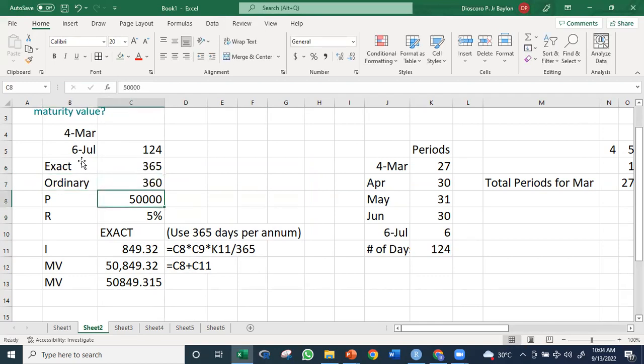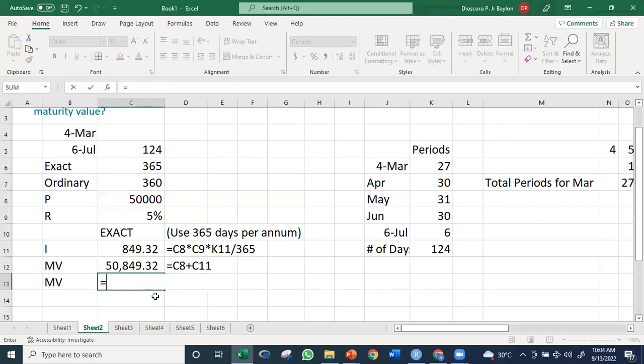And then I could have given this a name. So if I were to change this, this would be equal to principal times 1 plus your rate is 5%, and then times how many days? 124 days divided by, you're going to use exact, so that should be 365.